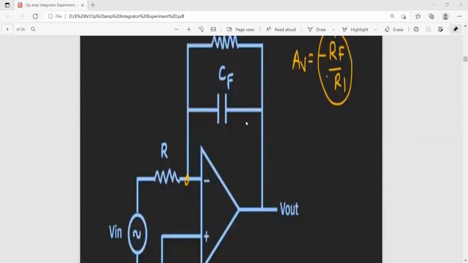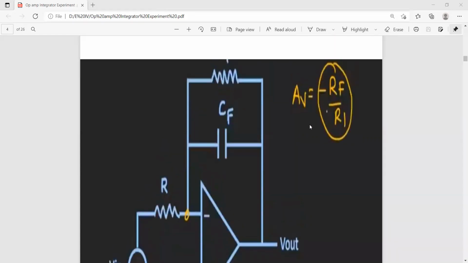So for the higher frequencies, this path it will choose, it is like an integrator. And for the low frequency, any DC components, it will not allow any signal. So for DC components, it is like an open circuit, so it will pass through this.